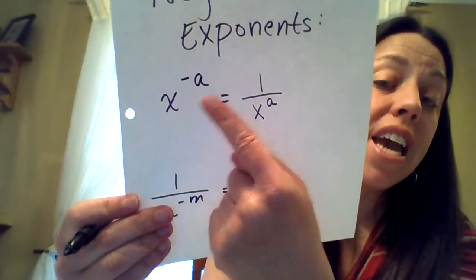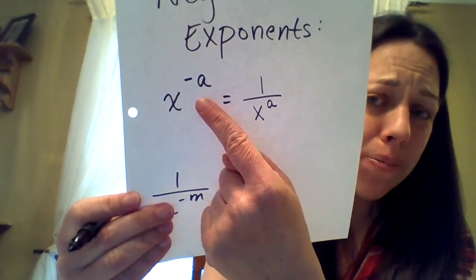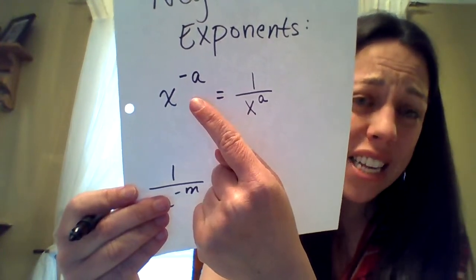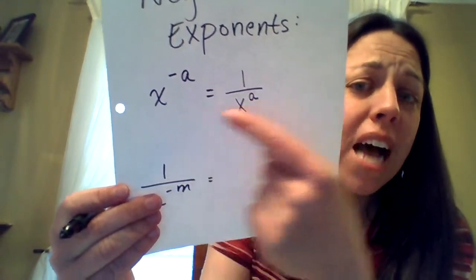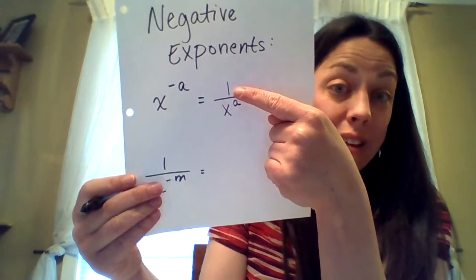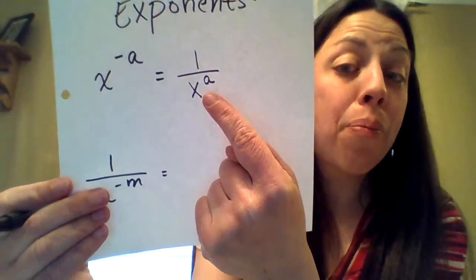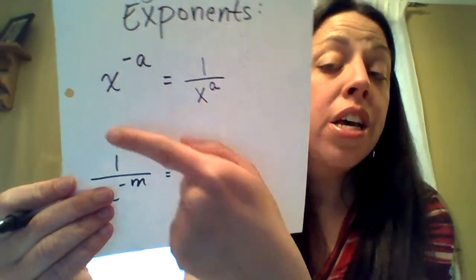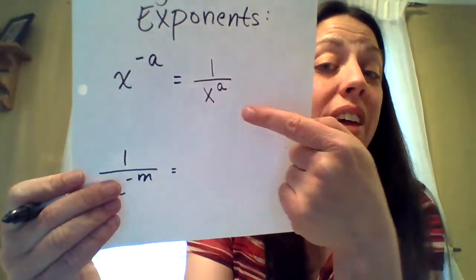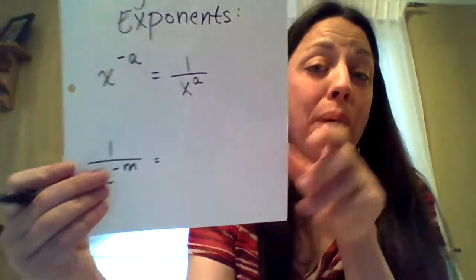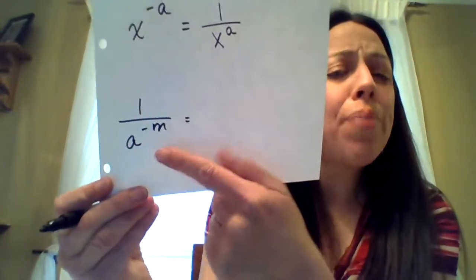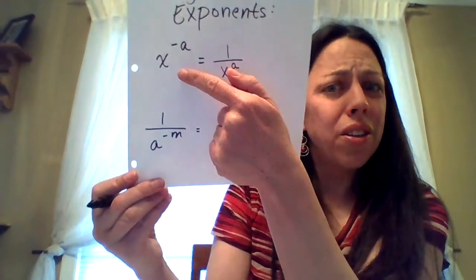So if you have x to a negative exponent, a negative exponent, that just means you have 1 in the top, and in the bottom would be x to the a, but notice the a is now positive. Okay, so if you get a negative exponent, just leave it in the denominator, but leave it as a positive exponent. So what would happen if I would have a negative, think about this.